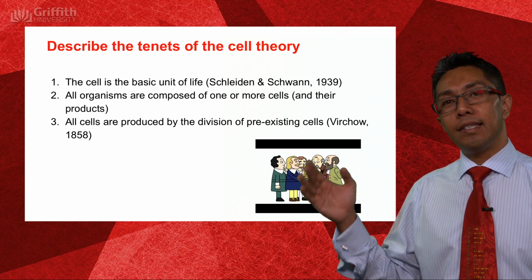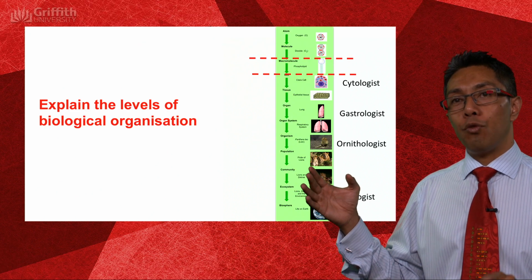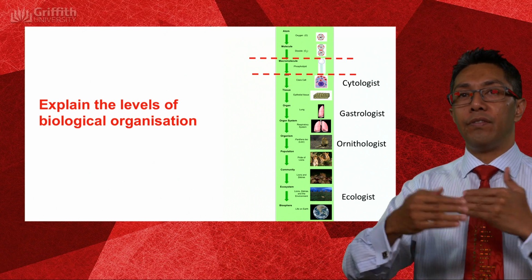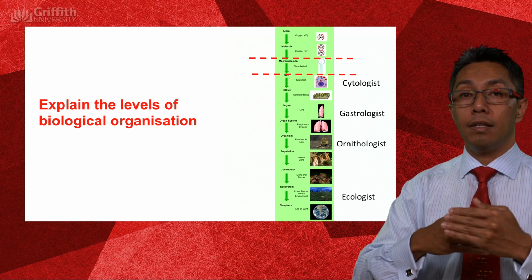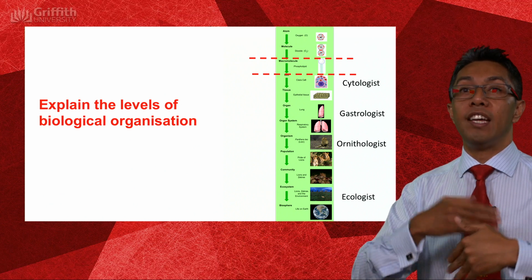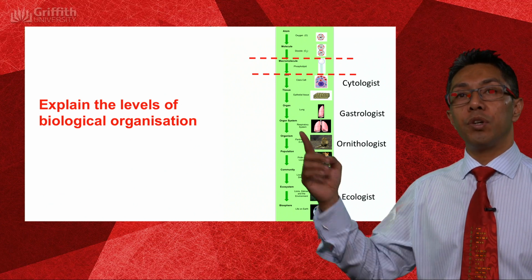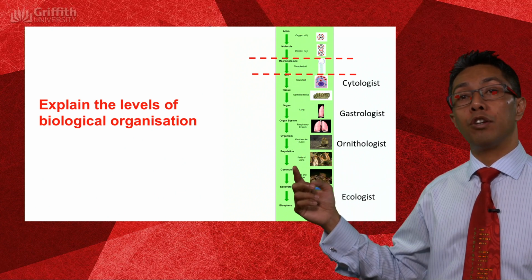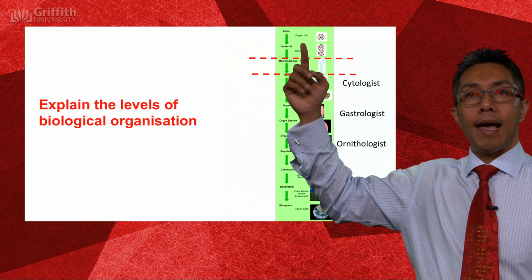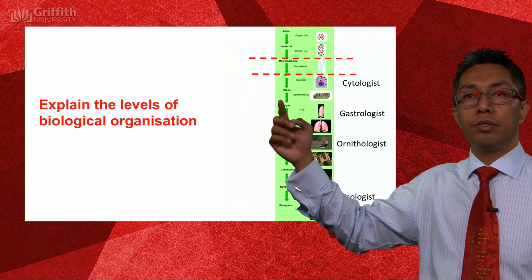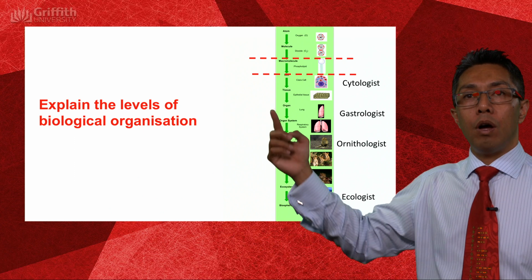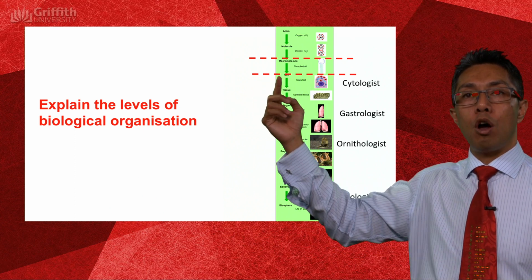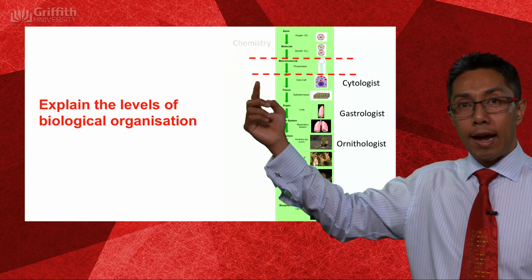Now, this is an important point because it really gets down to the division of content between, say, biology and the other sciences. Okay, so what you can see here is the divisions of biological organisation. So all the way down the bottom are atoms, and then you've got macromolecules and so forth and so forth. Now up here is really the division between biology and biochemistry and chemistry.